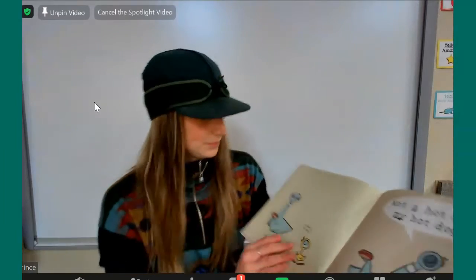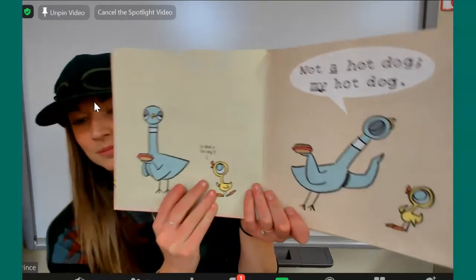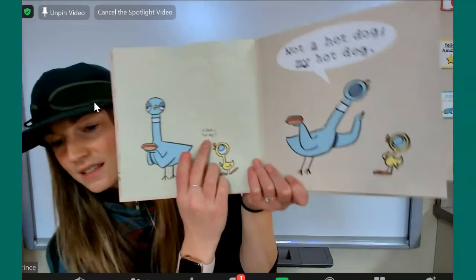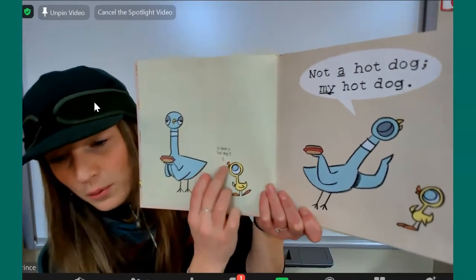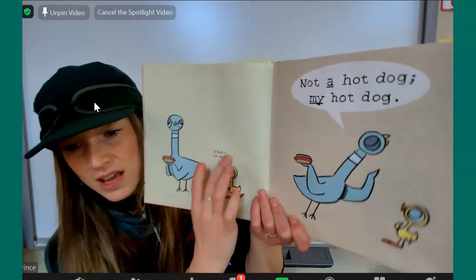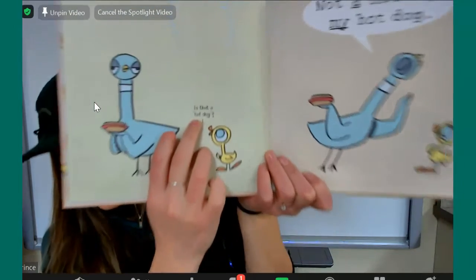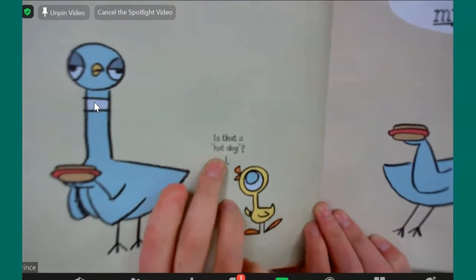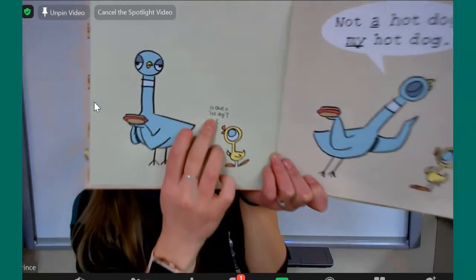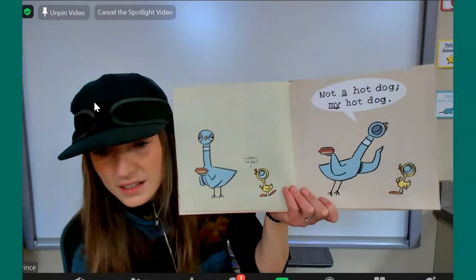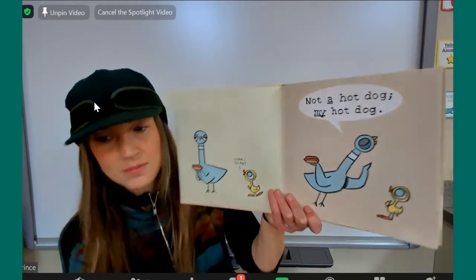Ooh, here we go. Is that a hot dog? So there's a little line pointing to the duckling. So the duckling is saying this. And look, what do you notice? There's little quotation marks in there. The duckling is saying, "Is that a hot dog?"